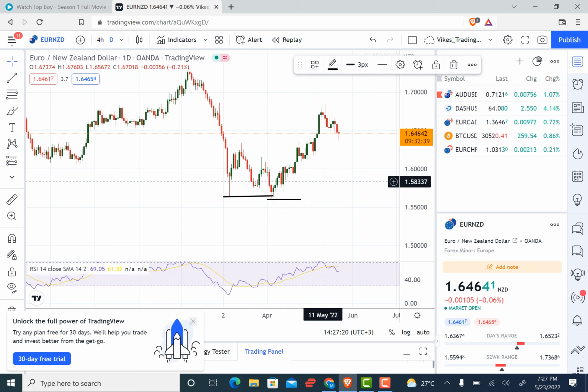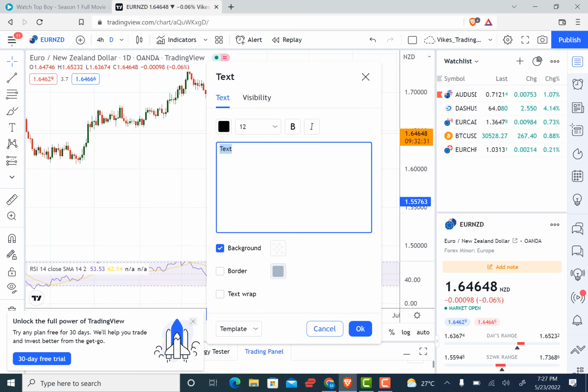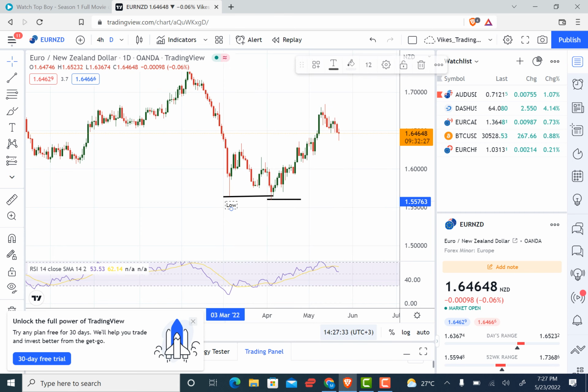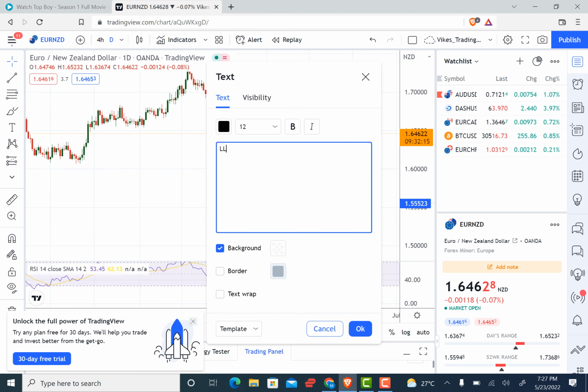So this was our low right there. And then we formed a lower low at that point.